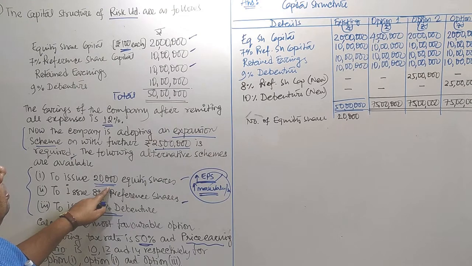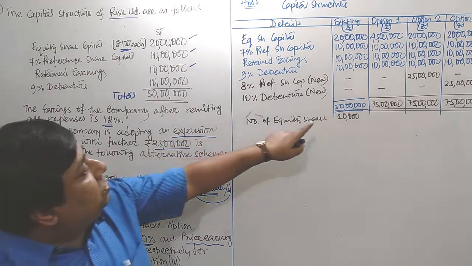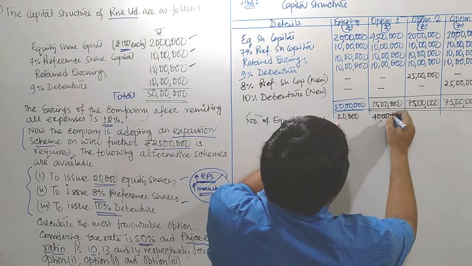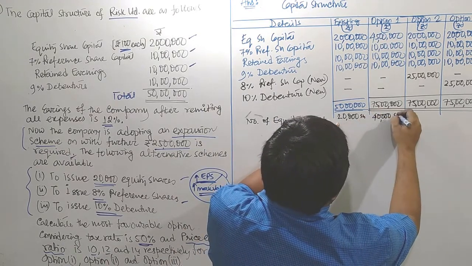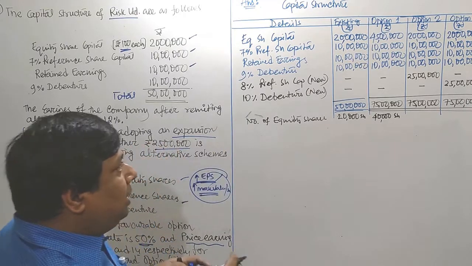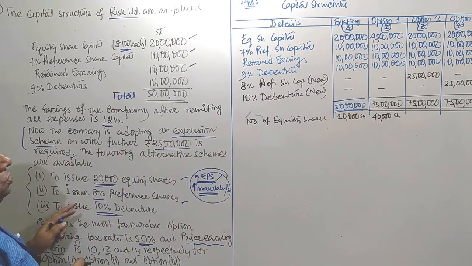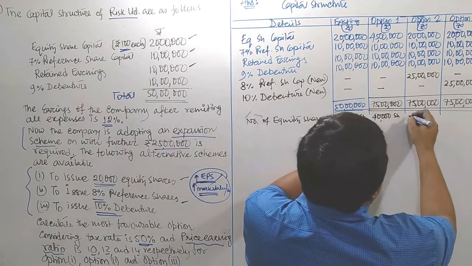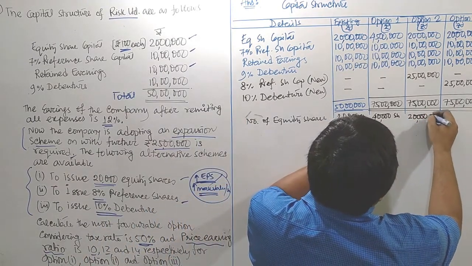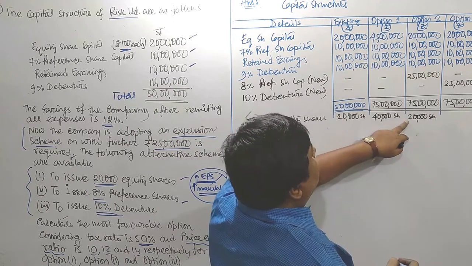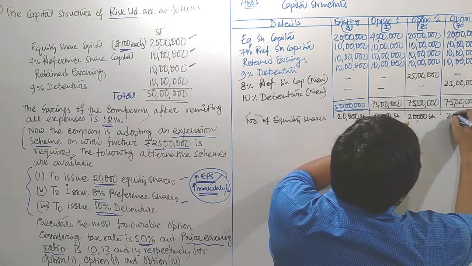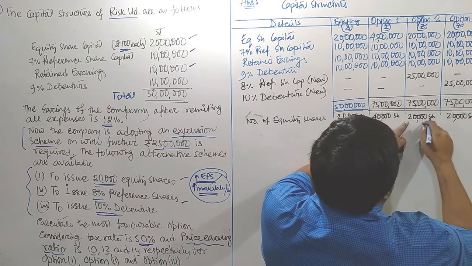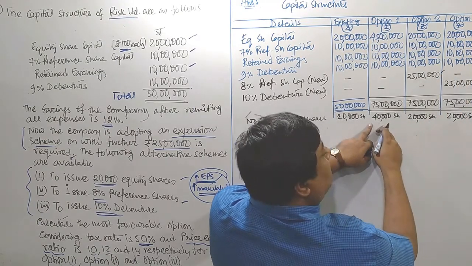Then in option 1 it should be how many shares? 40,000 shares. I must plot that over here. In option 2 the total number of equity shares remains as it is, 20,000. In option 3 also it is 20,000, because it is debt financing, preference financing, and equity financing.